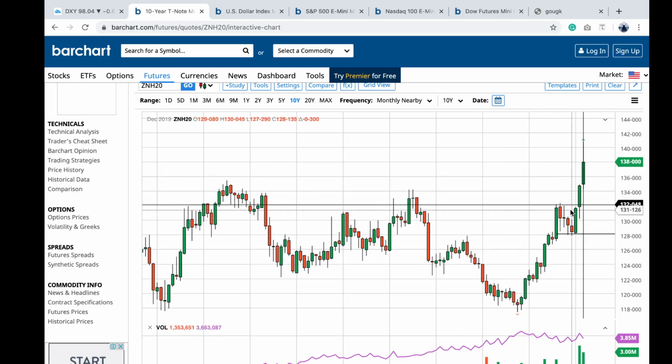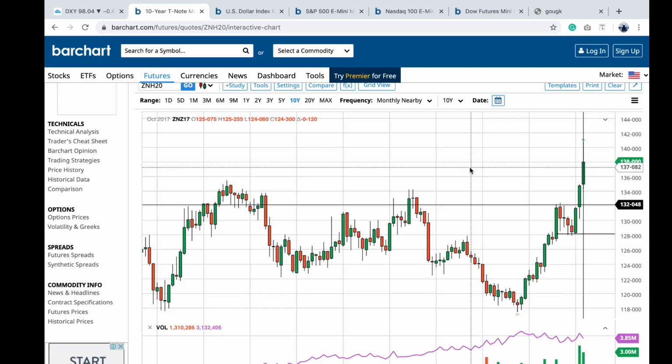Okay, and if we expect the 10-year treasury note to take out all those levels and just keep going higher, that is going to cause a massive drop on the DXY because you're oppositely correlated, because they just broke out of their ranges. Okay, so this is why I anticipated that massive drop on DXY.